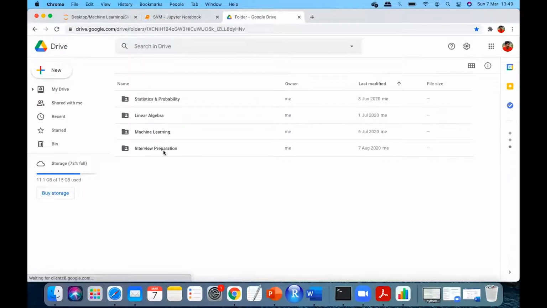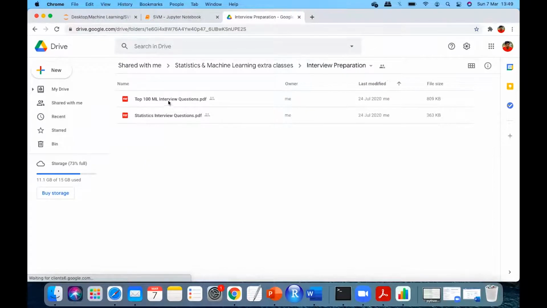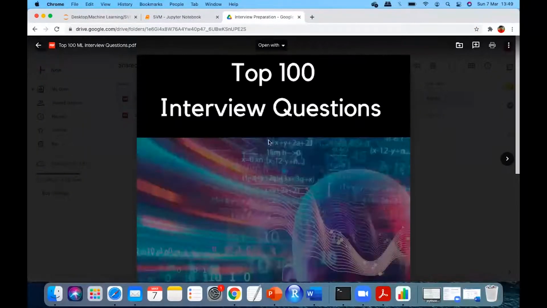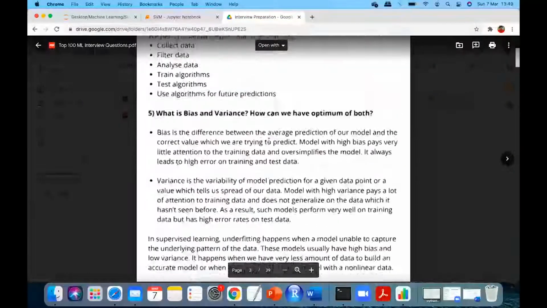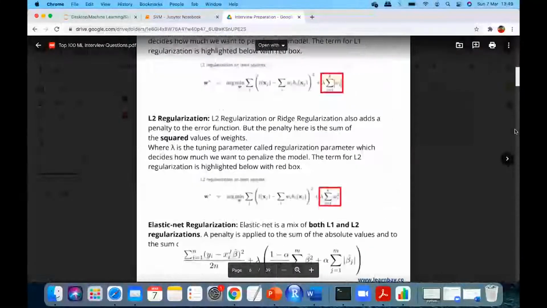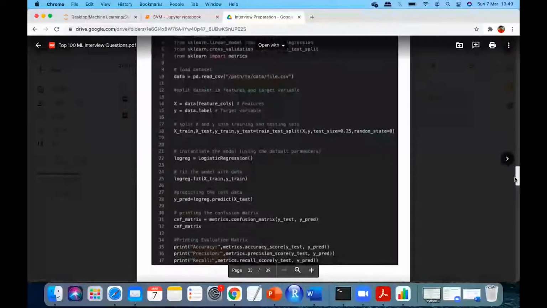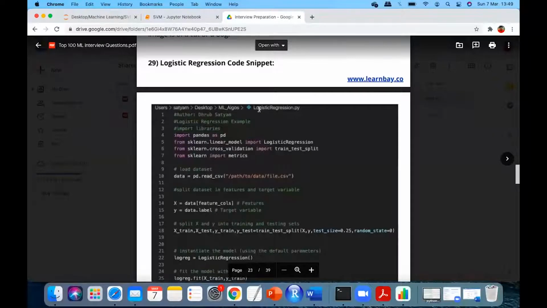So see, this is the document I'm talking about. First, it has your name, then the same document. All the codes you will see, for example, logistic regression.